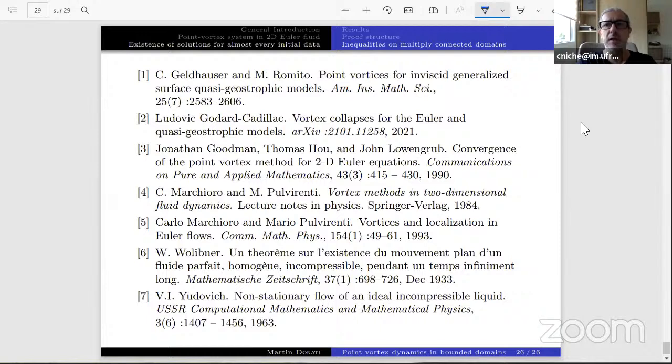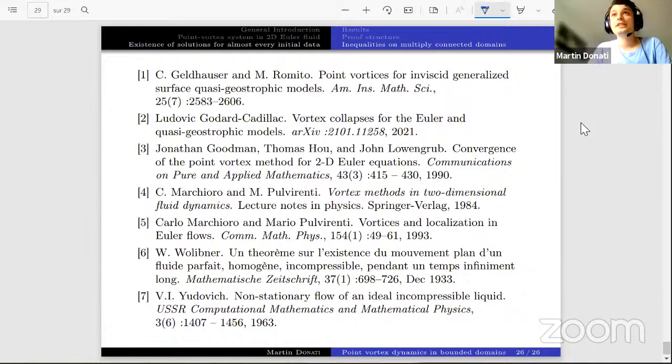I do have one question. Would it be reasonable to carry over the same techniques and methods for proving the same results, say for the upper hemisphere of a sphere with the boundary being the equator? Yes, completely.